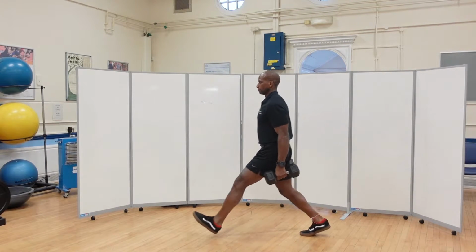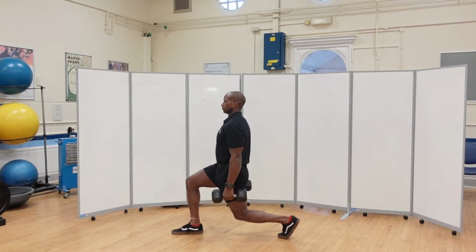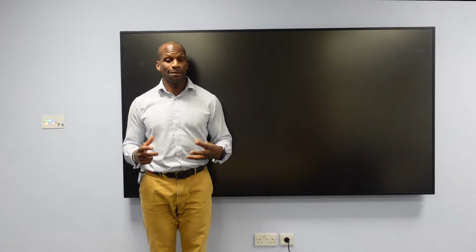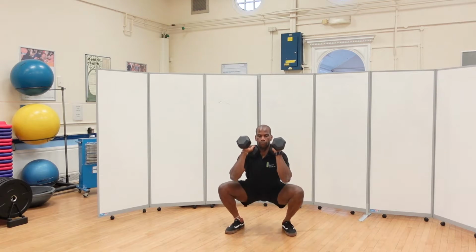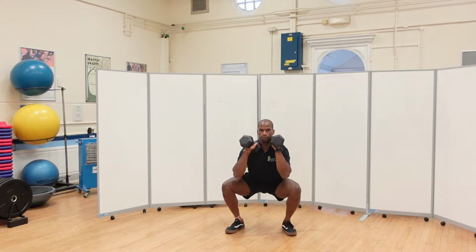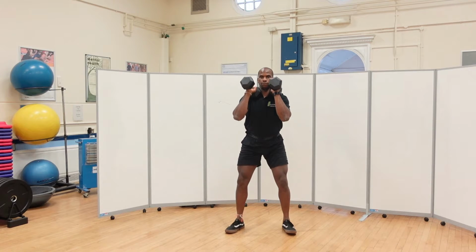So this is all about leverage. Broadly speaking, the closer we have that load to our base of support, the more stable your patient is likely to be. That means the more stable they are, the more force they can generate into the ground.